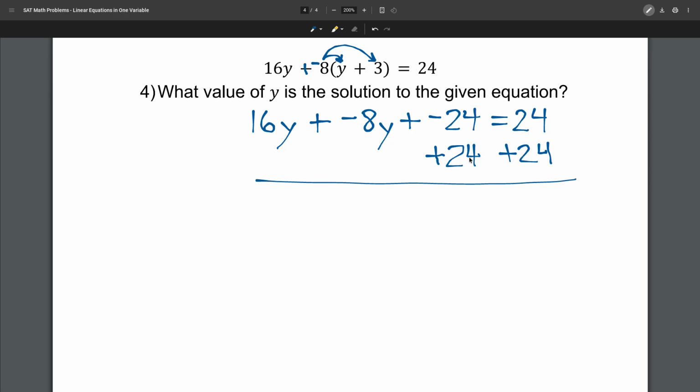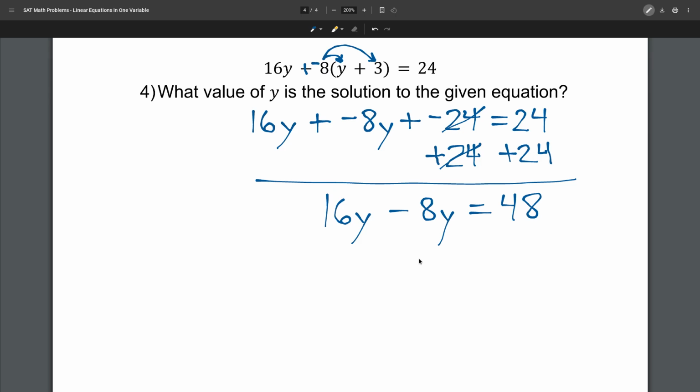Negative 24 plus 24 is 0. And then we have 16y. Another way to write plus negative 8y is to write minus 8y. So minus a positive 8y, right? It's the same thing. And that equals 24 plus 24, which is 48.